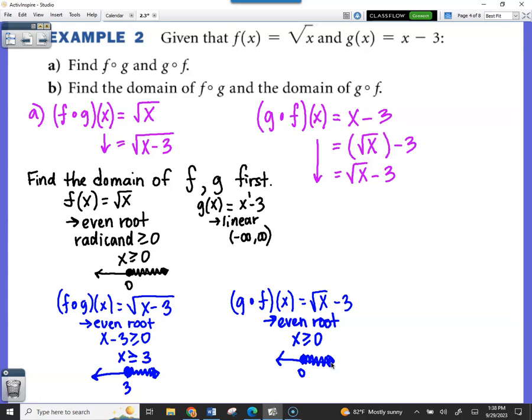Now this is the new part. The way you get your final answer is you have to take into consideration the innermost function's domain, because that's the one that goes in first, right? So we need to know its domain, and then the entire function.